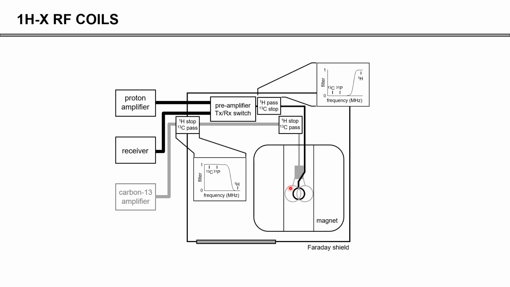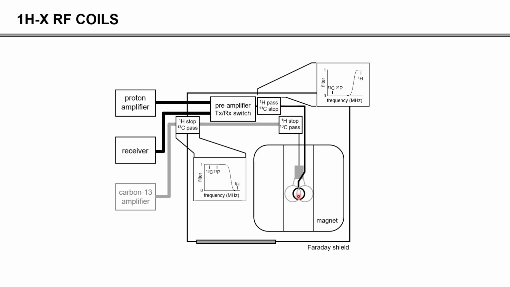So here's the RF coil. Proton is in black, carbon is in red. The carbon coils are connected to a carbon-13 amplifier, and if you want to do carbon-13 decoupling, you basically want to have proton stop carbon pass filters. They basically leave the RF pulses on carbon-13 alone, and they can transmit as they need to, but they basically remove any kind of signal and noise at the proton frequency, so that is not directly transmitted into the proton receive element.